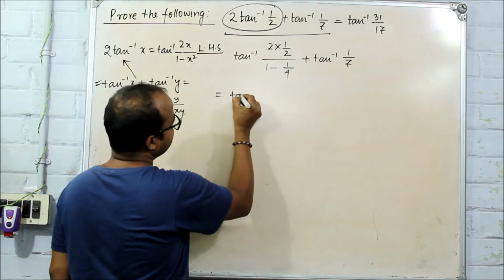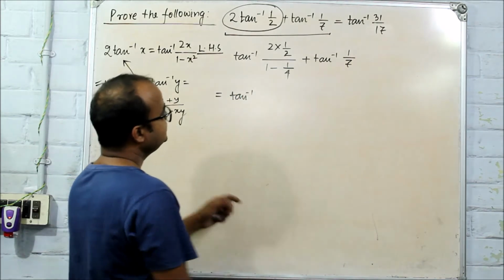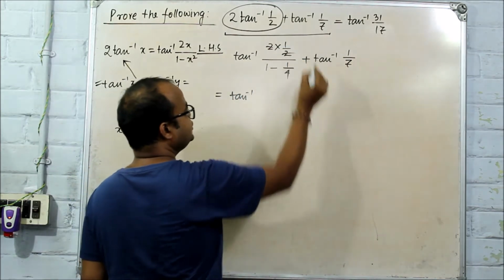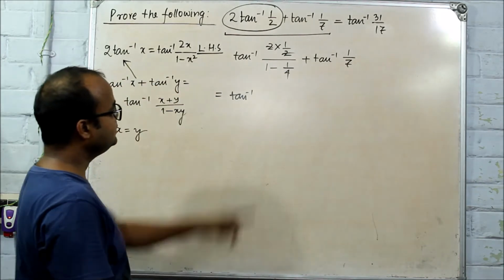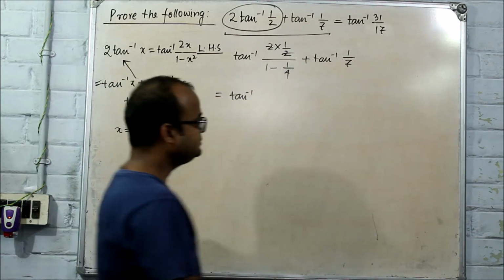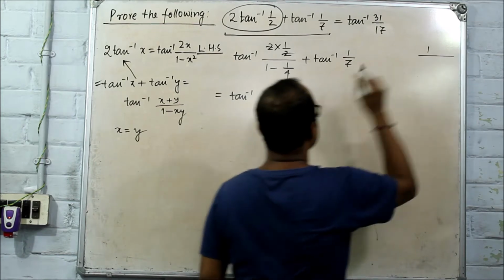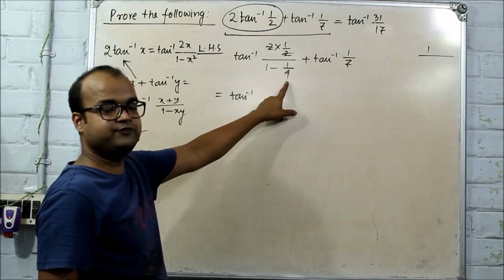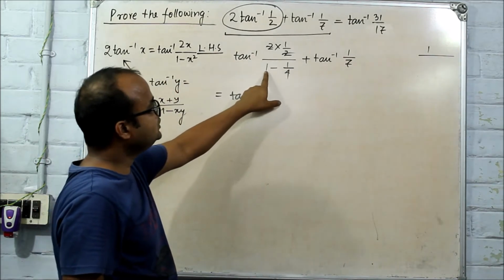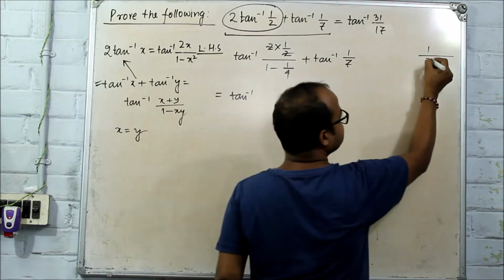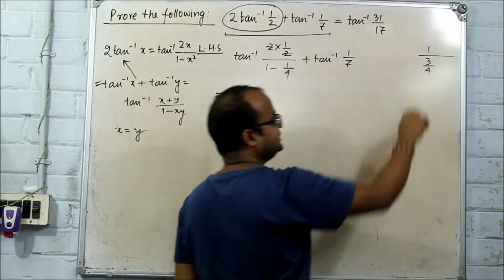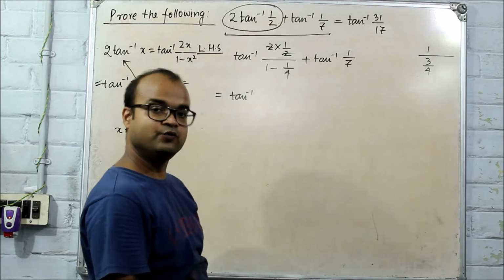Continue with our problem. So tan inverse, these two and these two will cancel each other. So the numerator will be 1 by 1 minus 1 by 4, that is equal to 3 by 4. So 1 by 3 by 4 is equal to 4 by 3.